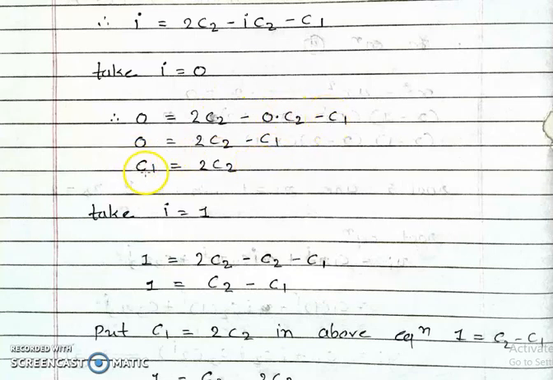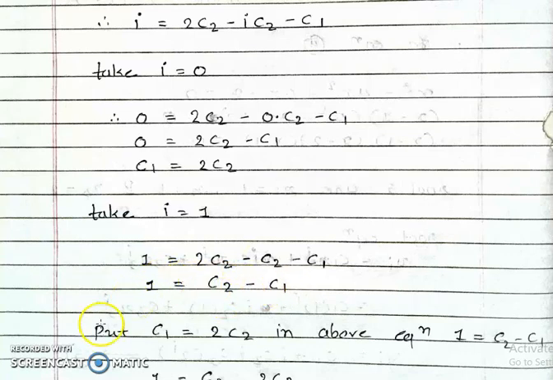So we get c1 is equal to 2c2. Then again we take i is equal to 1 and solve this equation like 1 is equal to 2 into c2 minus 1 into c2 minus c1. So we get 1 is equal to c2 minus c1.